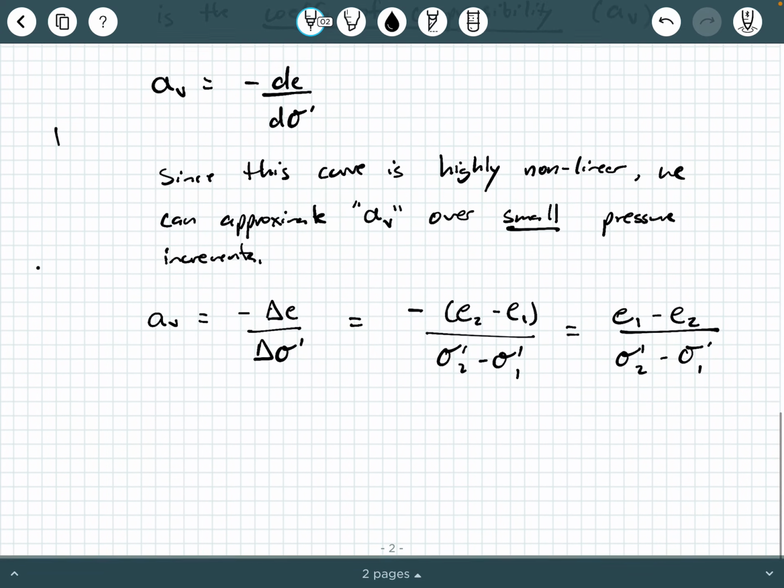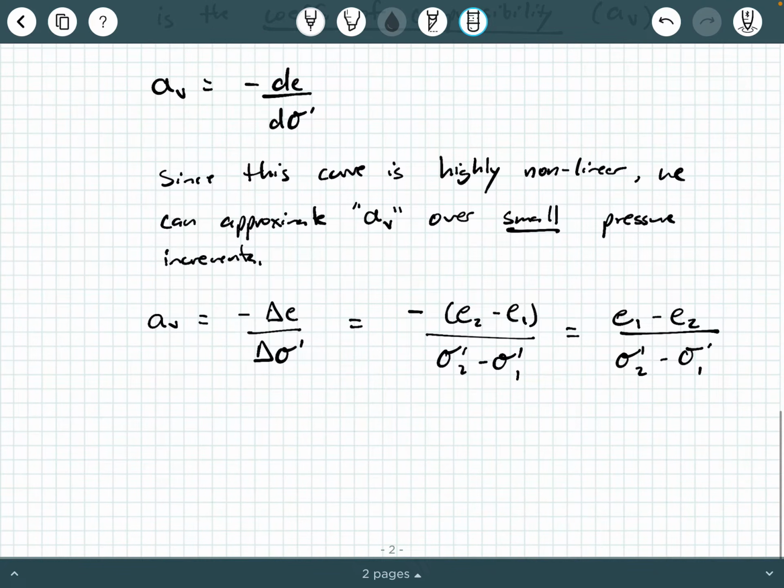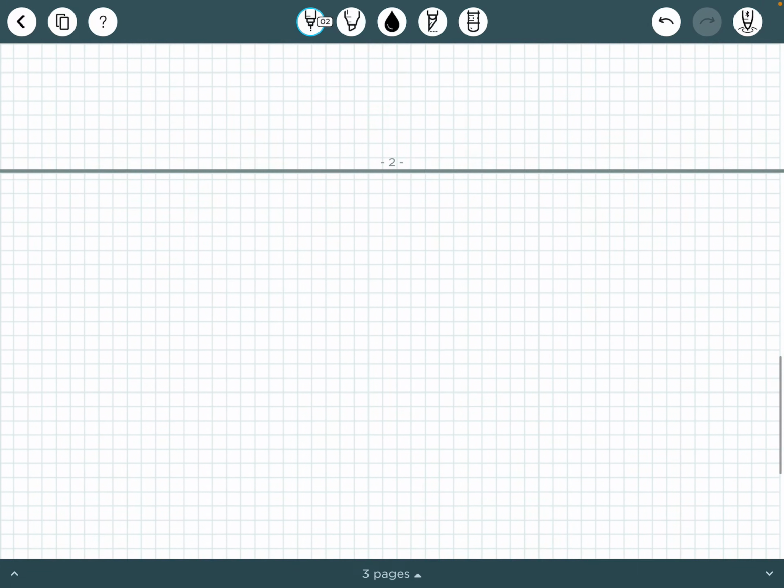Yep. I'm just going to scroll down here. Plot 2 is E versus effective stress on a log scale, all right?